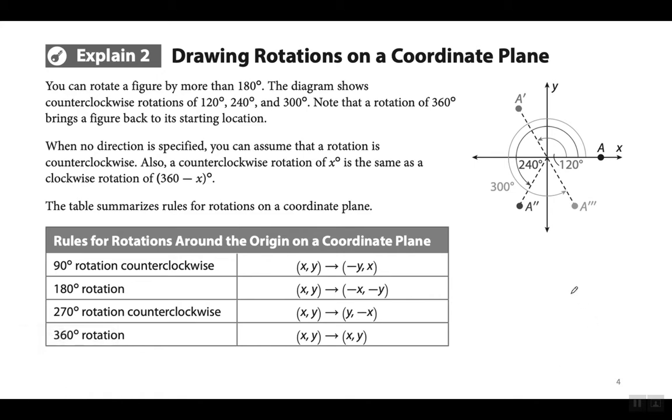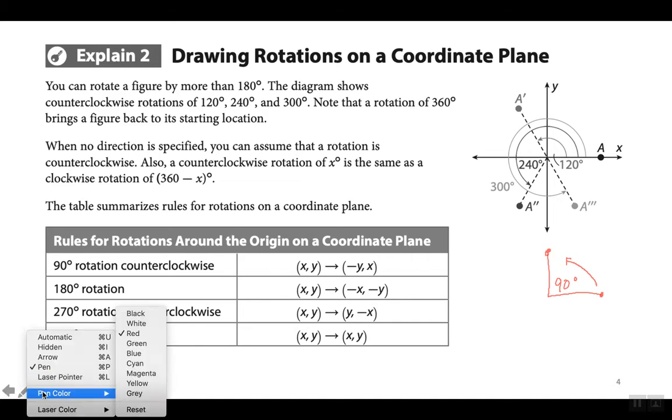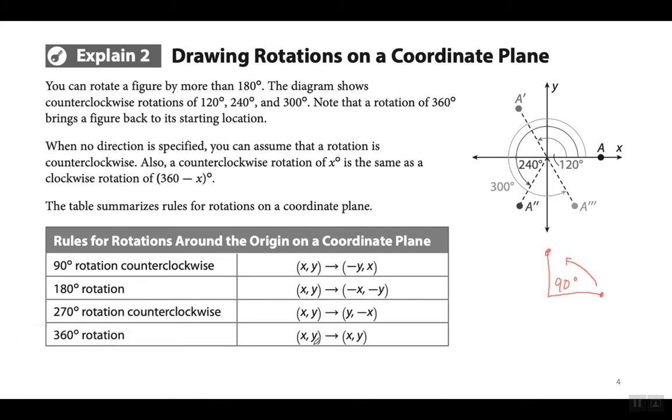Let me write this here. Let's say you do a rotation of 90 degrees, 90 degrees counterclockwise, which is this way. What I want you to realize is that 90 degrees counterclockwise is the same as 270 degrees clockwise.